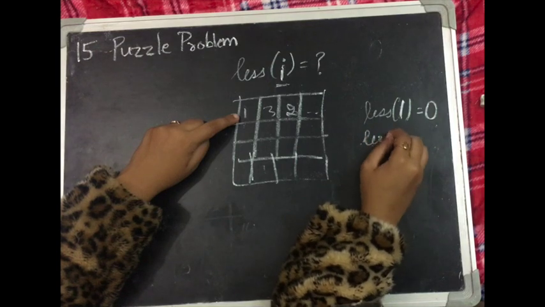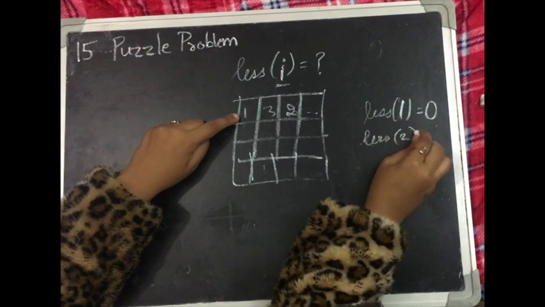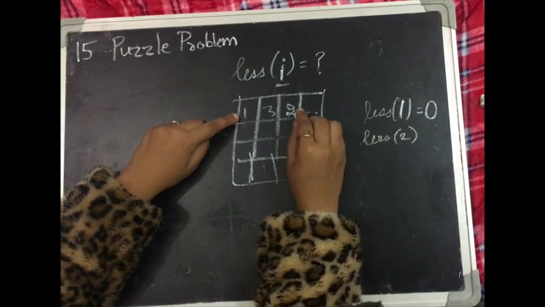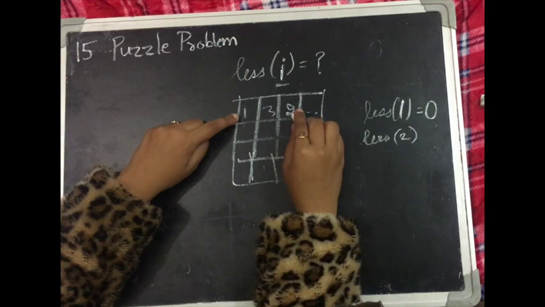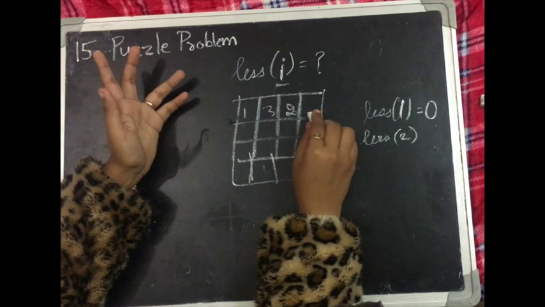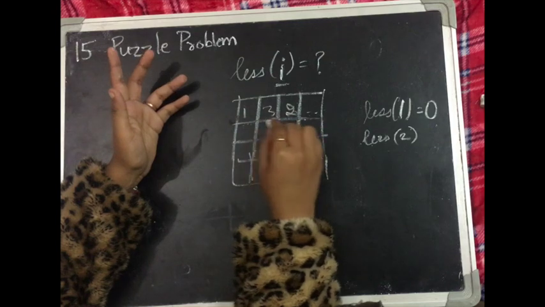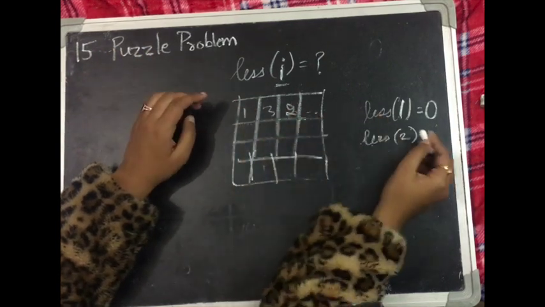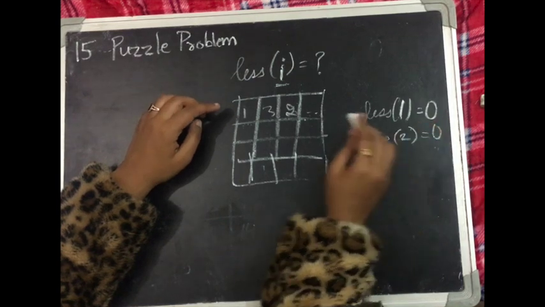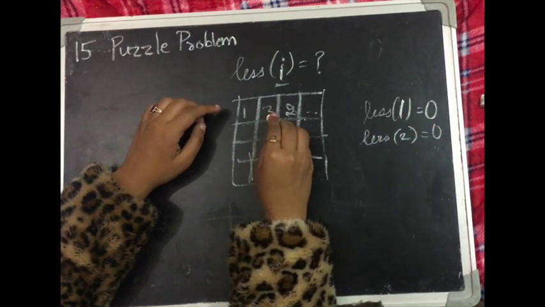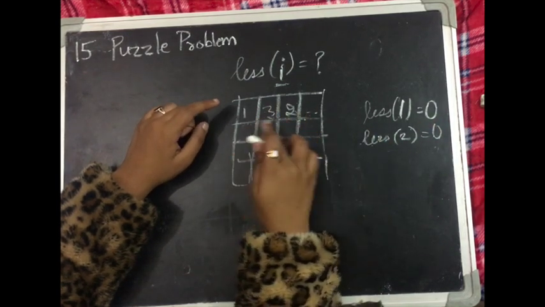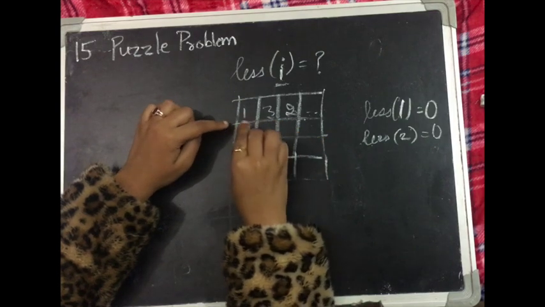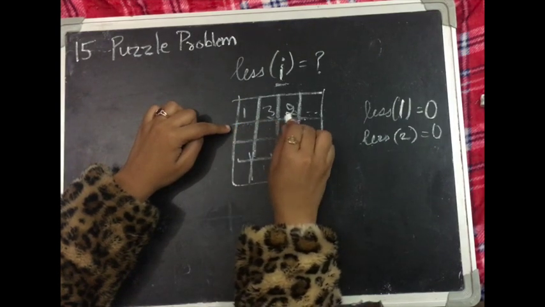Now if I talk about less of 2, what will it be? Any number smaller than 2? Only 1 is smaller than 2 here. But 1 lies before 2, so less of 2 is also equal to 0. Now if we talk about less of 3, numbers smaller than 3 are 1 and 2. 1 lies before 3 but 2 lies after 3.